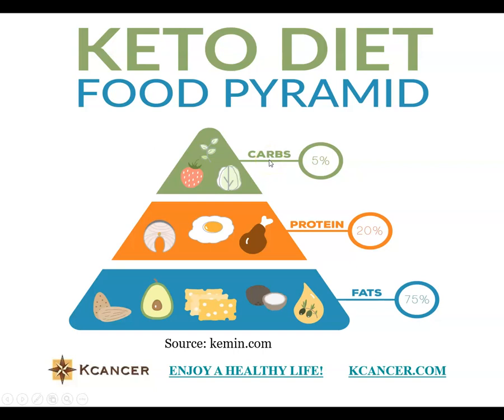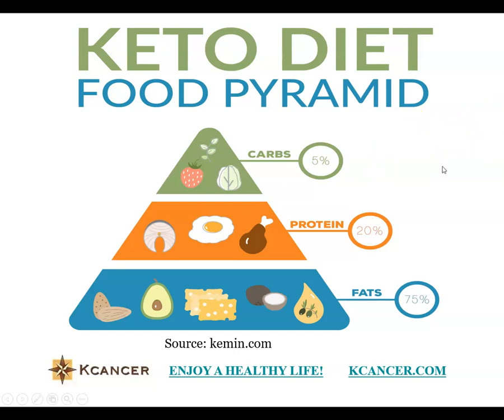In most of our families, we may have the opposite structure, because in our main dish, most families will have rice, bread, and fruits, and all of these are high in carbs. As a matter of fact, most families eat the complete opposite of the keto diet.